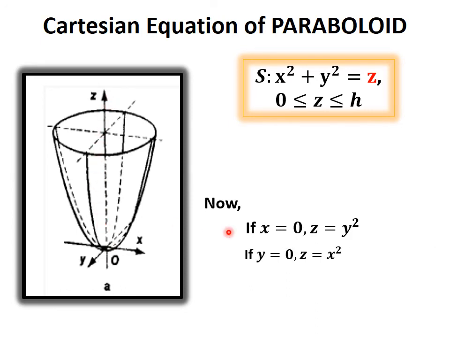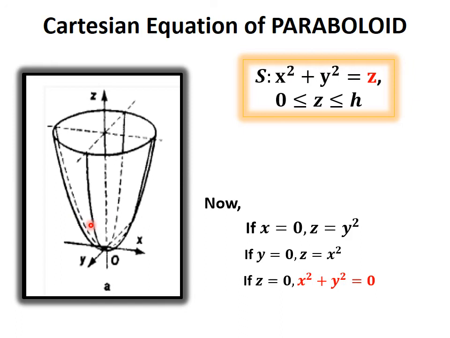What happens if y equal to 0? That is, you are viewing the surface in the zx plane. When y is 0, x square equal to z. It is another parabola passing through the origin and opening towards the positive z axis. So you have a pair of parabolas.